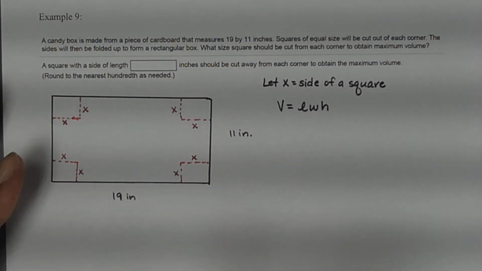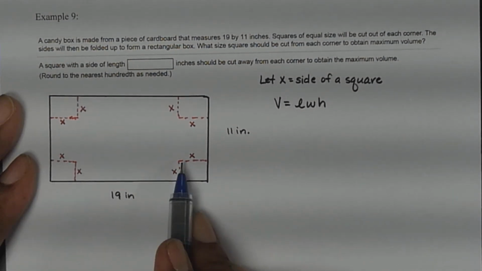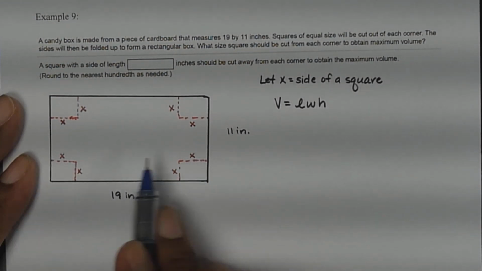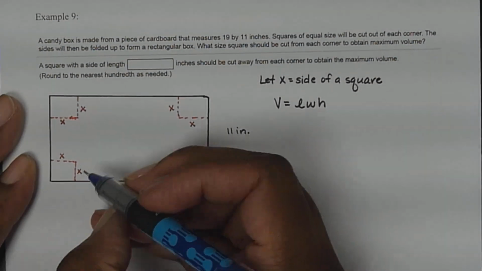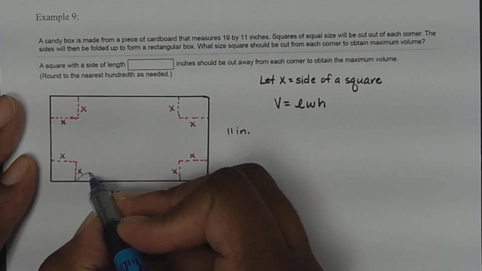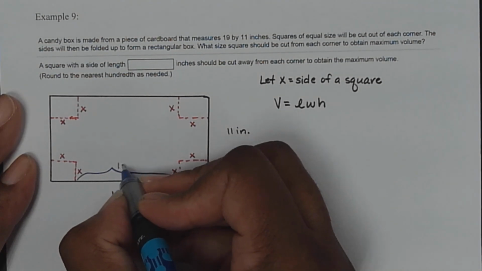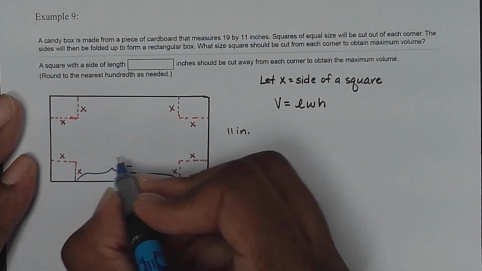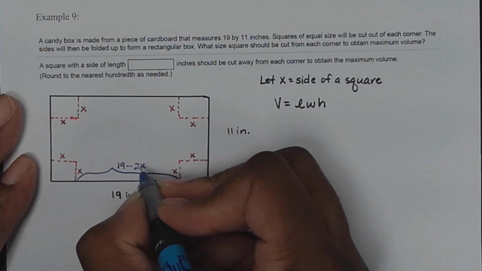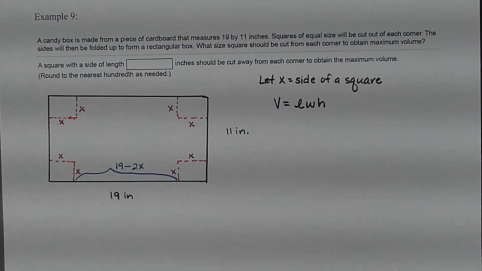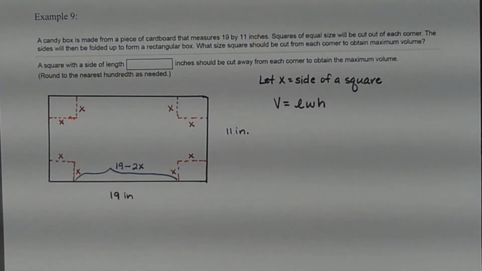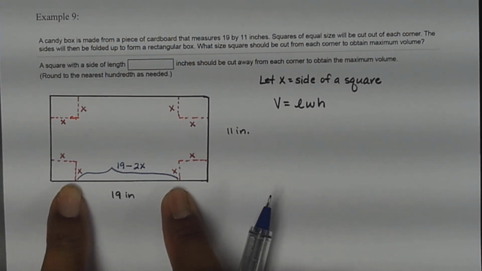A length of X and a length of X is cut off. There are two X's that are cut off. So this length coming from here to here would be 19 minus the two X's that were cut off. That's 2X. That's the length of this remaining side.